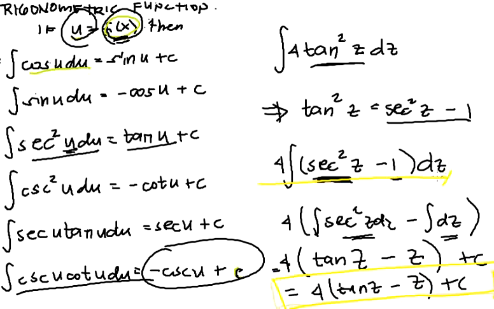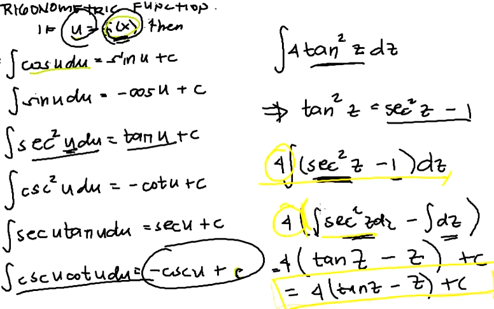Okay, and then while analyzing this form, we can directly say that we have the integrand of both secant square z and negative 1 here. So we can now simply integrate these two. But this whole integrand must be multiplied by 4. So we have the bracket here, and we can now simply integrate each term.